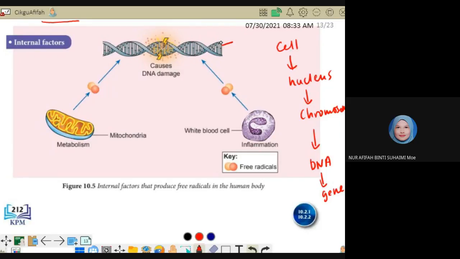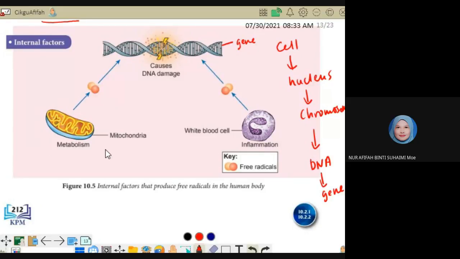Yang petak kecil panjang ni adalah gene. Different gene. Side by side is different gene. So kalau dia radical ni, free radical will attack our gene and will cause mutation lah. Either gene mutation or chromosome mutation. Dia akan ubah kita punya structure of the chromosome, DNA structure.